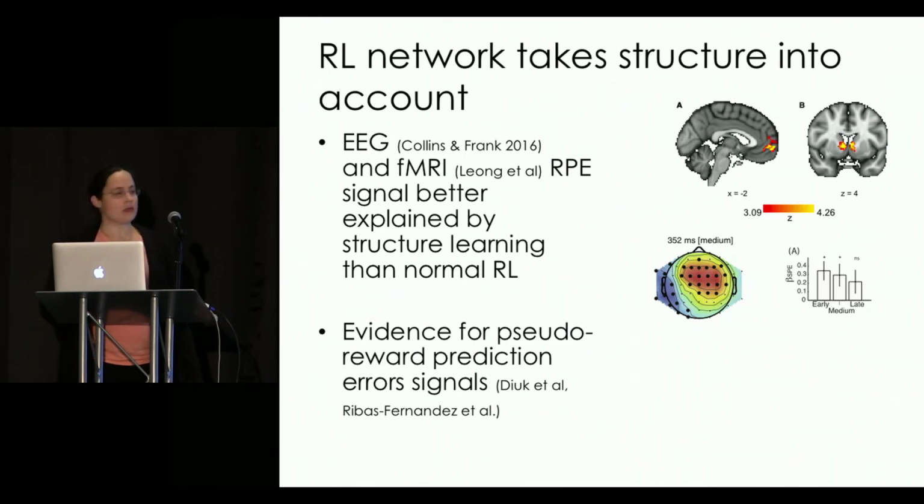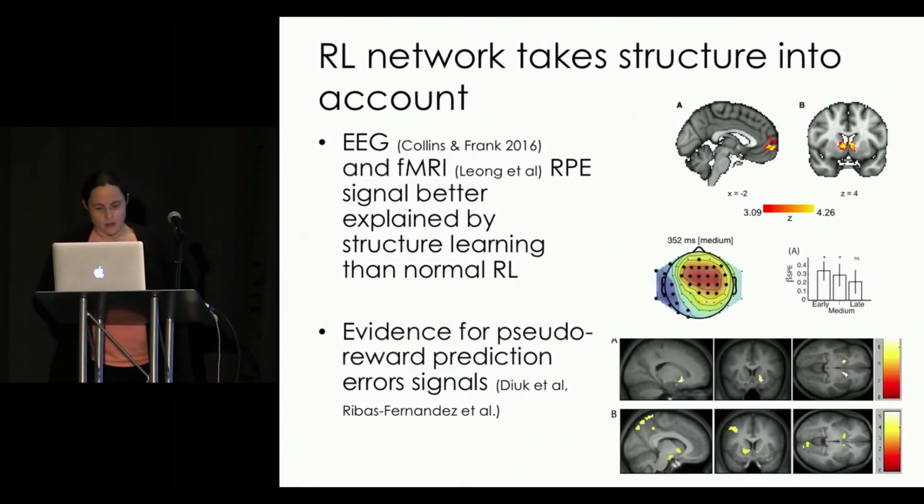And there's been even evidence for multiple such learning signals in the brain previously. So that's a possible candidate for how the brain might approximate things like structural learning without needing to do complex MCMC or Bayesian inference.